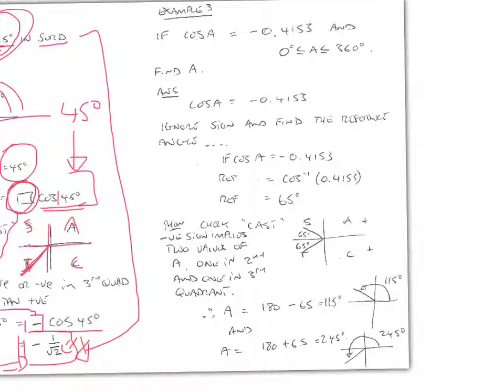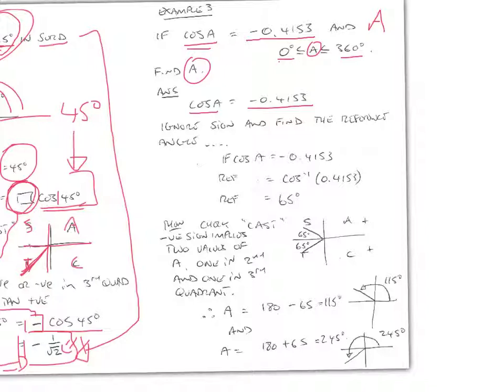And finally, we'll finish with a problem that asks us: if the cos of A is equal to minus 0.4153 and A is between 0 and 360 degrees, find that angle A. Okay, so cos A is equal to minus 0.4153.